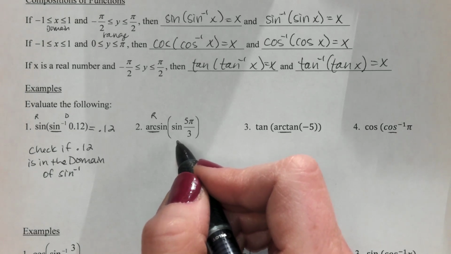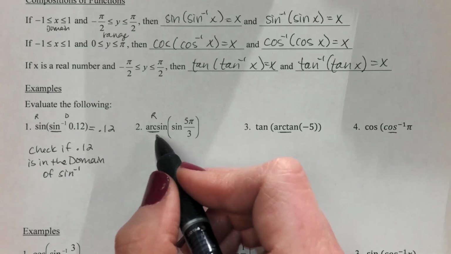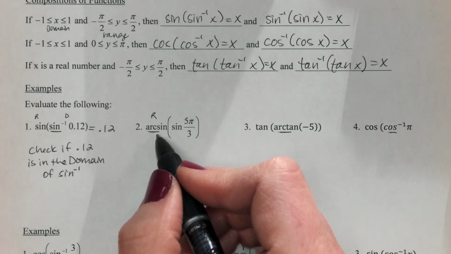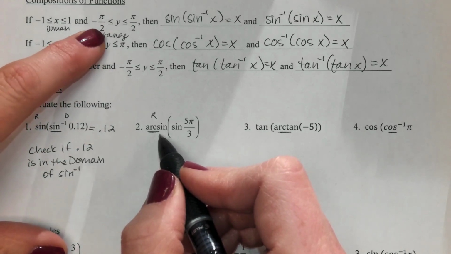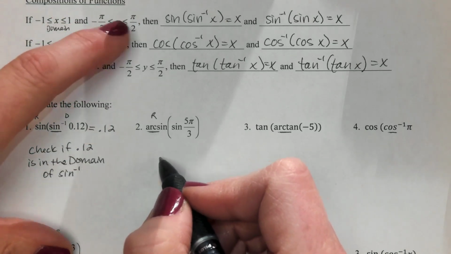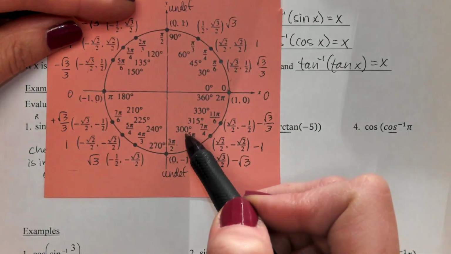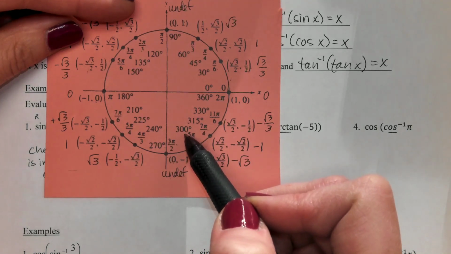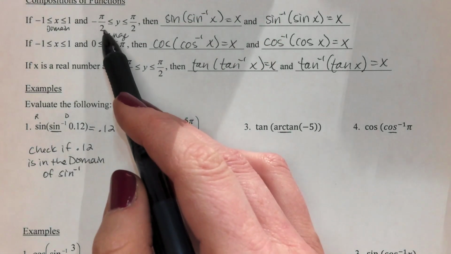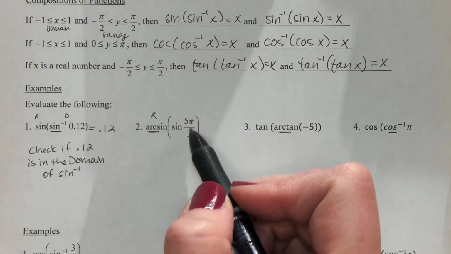We just need to make sure that they are following the rules. In arc sine or sine inverse, its range is from -pi over 2 to pi over 2, from -90 to 90. 5 pi over 3 is actually 300 degrees, so that's way out of our range. We're only allowed to be -90 to 90, so 300 is way too big.